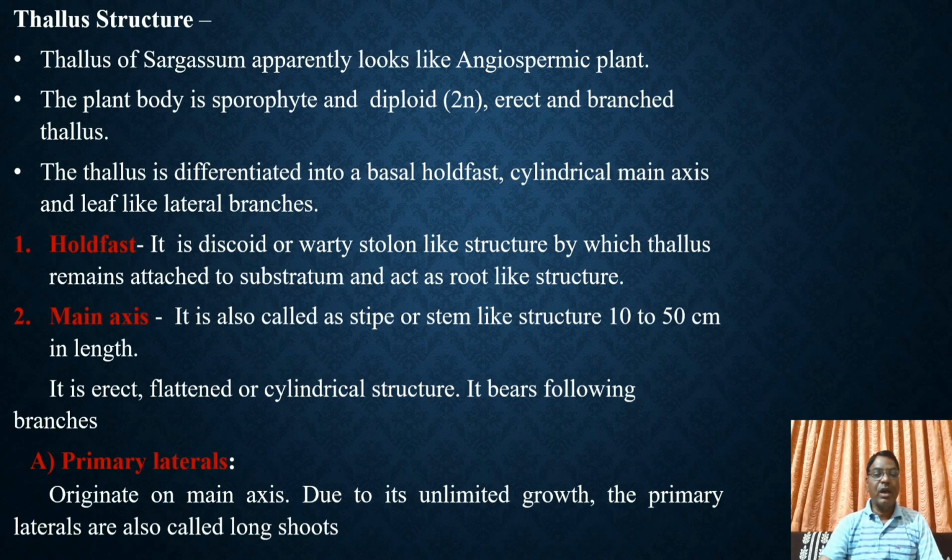So the first part of the thallus is the holdfast. This is the basal-most portion of the thallus, and it is either discoid, that is in the form of a flattened disc-like structure, or in some few species, this holdfast is a stolon-like structure.